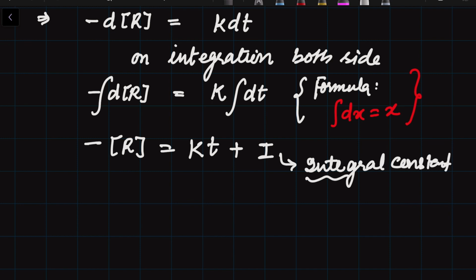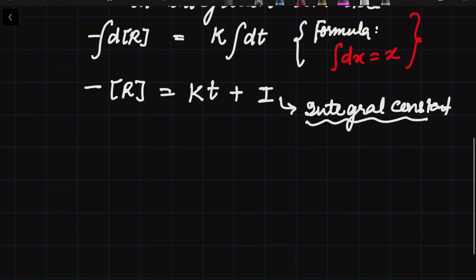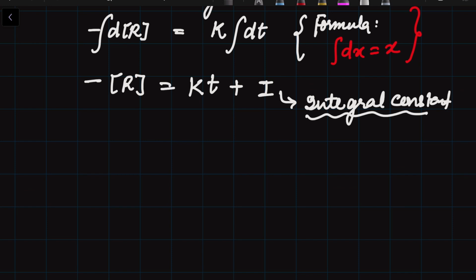After doing the integration of the first equation, first we will find the value of I. How do we find the value of I? At time 0 seconds. If the time is 0 seconds, we put that value of time in the previous equation.